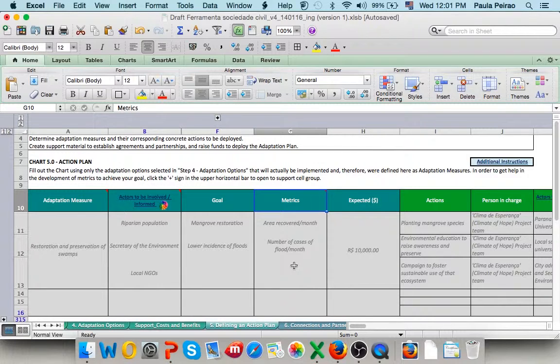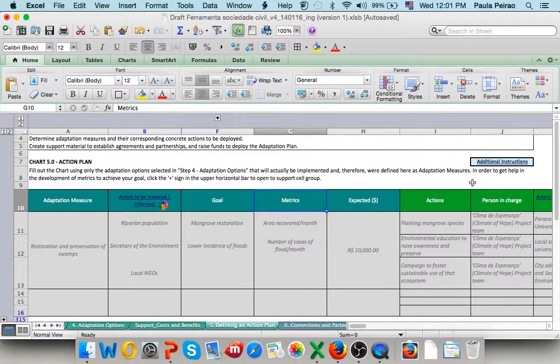Does it allow distinguishing the changes resulting from the actions implemented from others resulting from other elements? In other words, is this adaptation measure contributing to achievement of the plan's objectives? For more information, you can consult the additional instructions for Step 5.